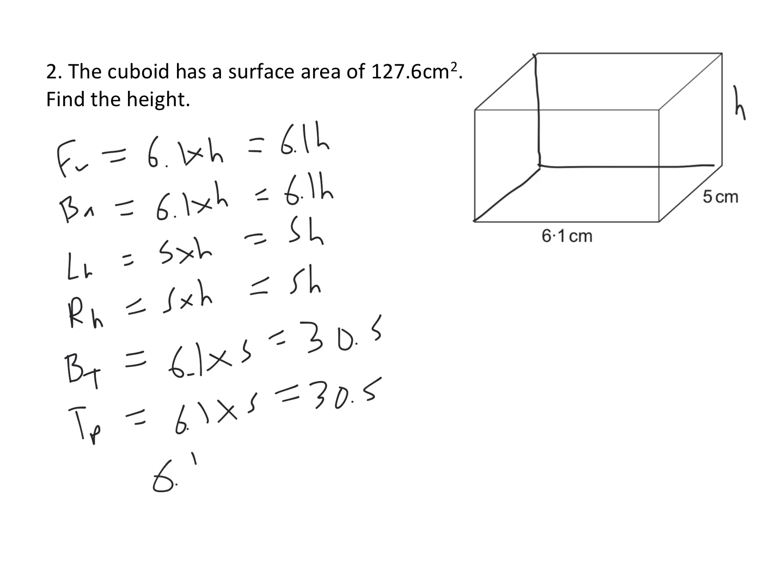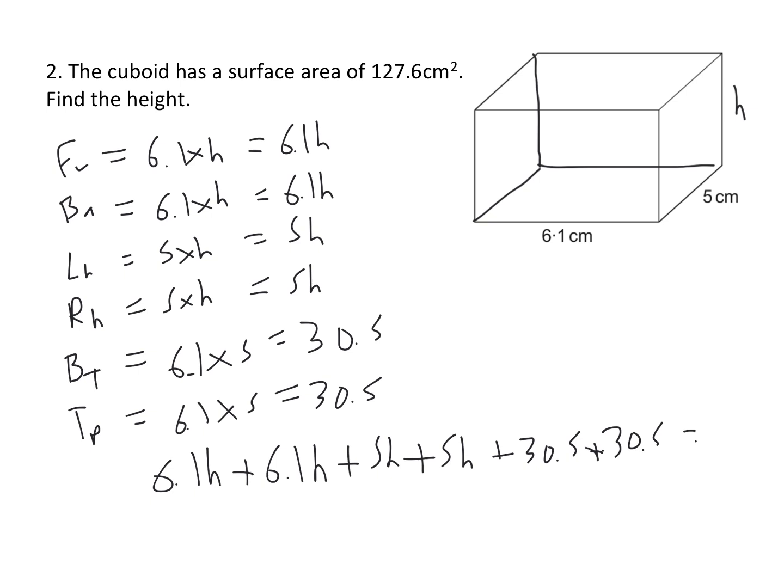So if I add the 6.1h, and the 6.1h, and the 5h, and the 5h, and the 30.5, adding up all those 6 surfaces, we should get 127.6. Let's simplify this and collect like terms. 6.1 and 6.1 and 5 and 5 gives 22.2h, plus 30.5 and 30.5 will give you 61, and that equals 127.6.